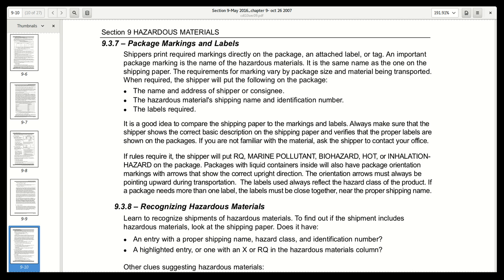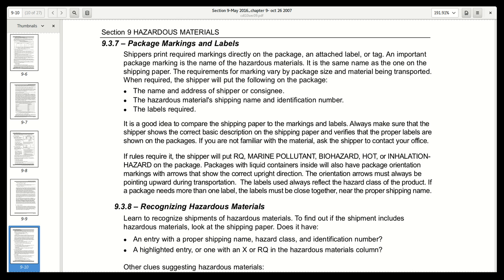The requirements for marking vary by package size and material being transported. When required, the shipper will put the following on the package: the name and address of shipper or consignee, the hazardous material shipping name and identification number, and the labels required.